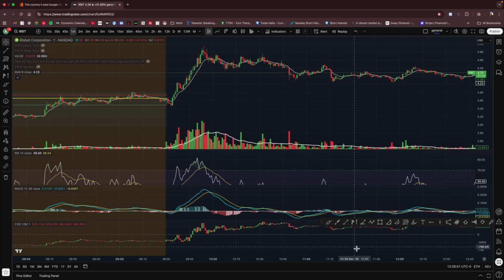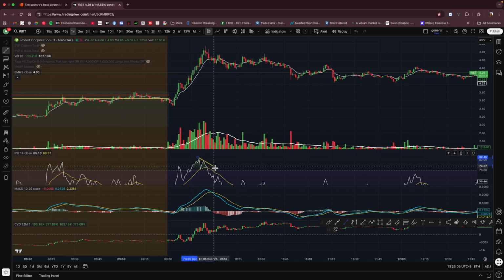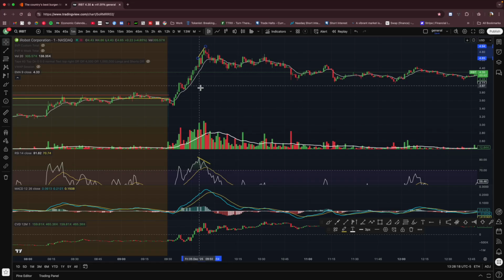So this divergence is quite interesting for us for knowing when to exit. So I'll just make that absolutely clear.